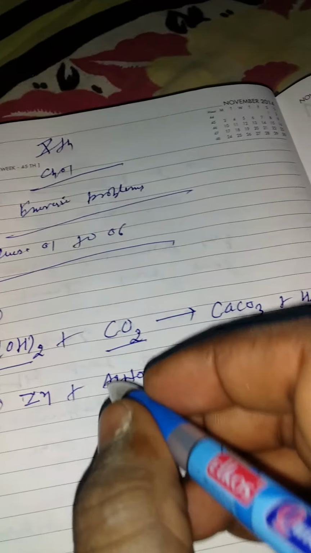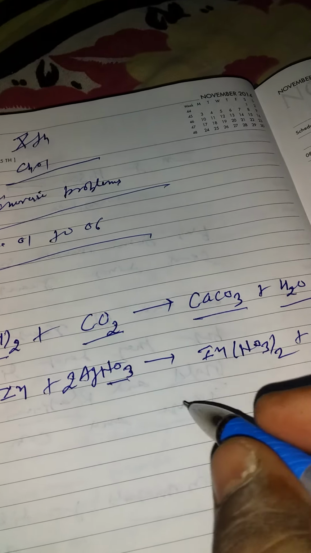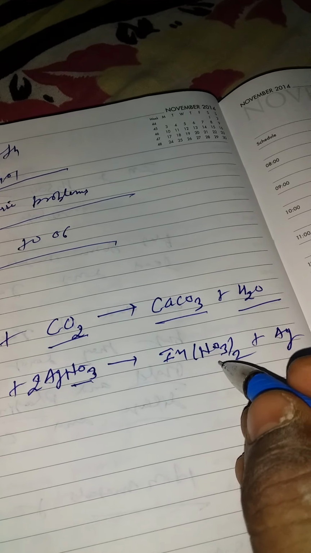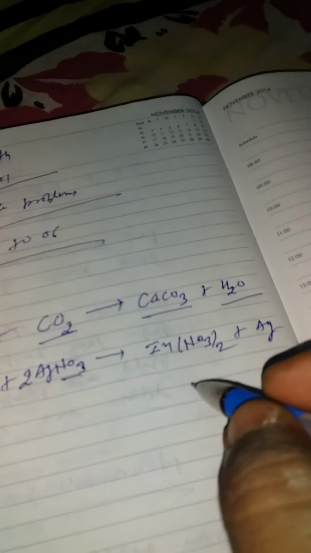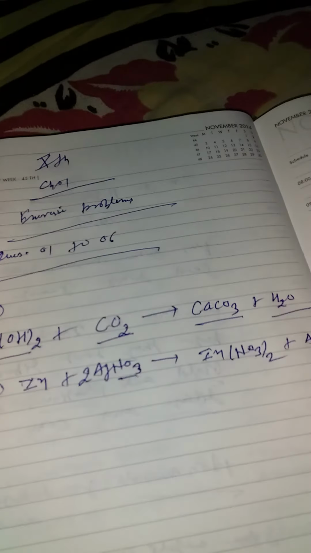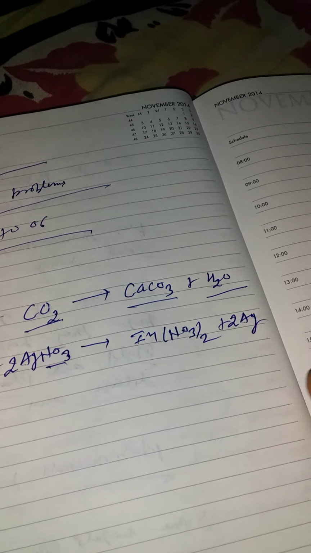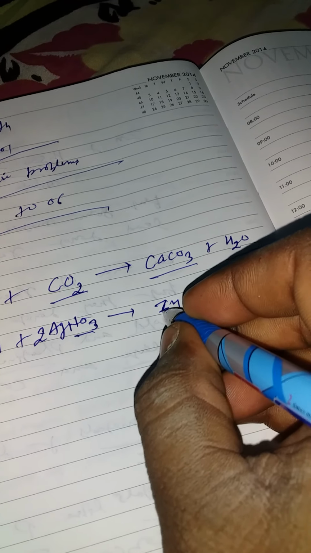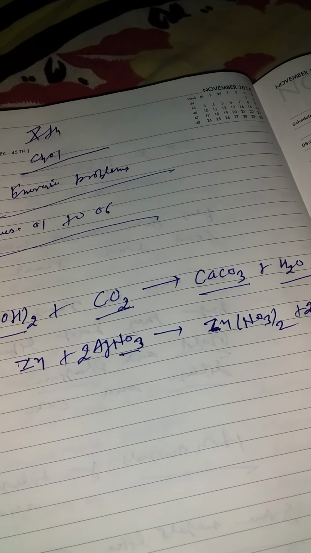So we multiply by 2, 2 AgNO3, and that gives NO3 twice, here also 2 NO3, but the number of Ag here on the reactant side is 2, so we have to write on the product side 2 Ag, and that makes the number of atoms equal on the reactant side as well as the product side.